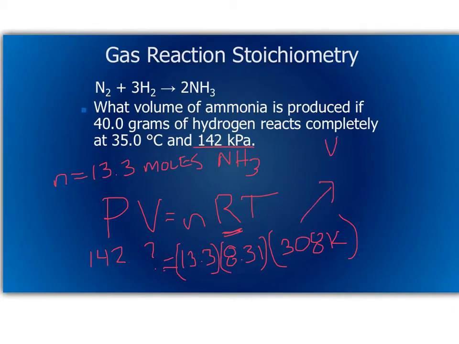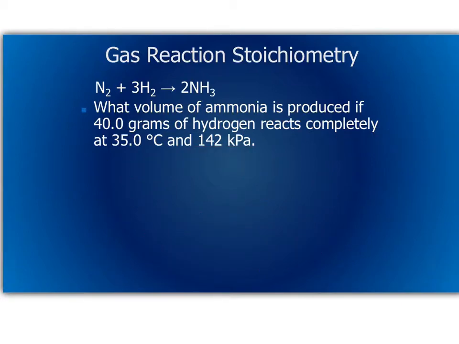So we know that V is going to equal 13.3. I'm going to leave the units out for right now. I'm running out of room here, so I'm going to erase it and rewrite it real quick.